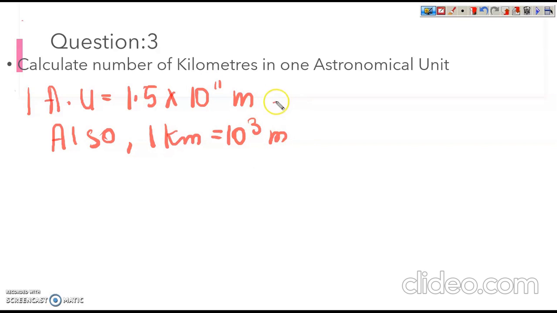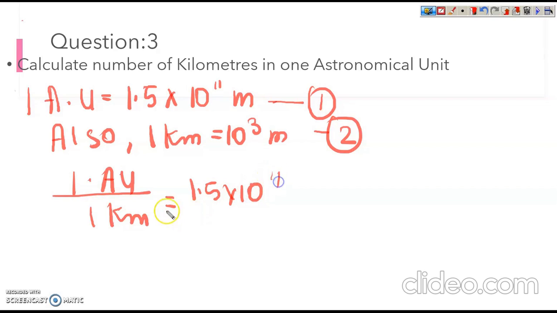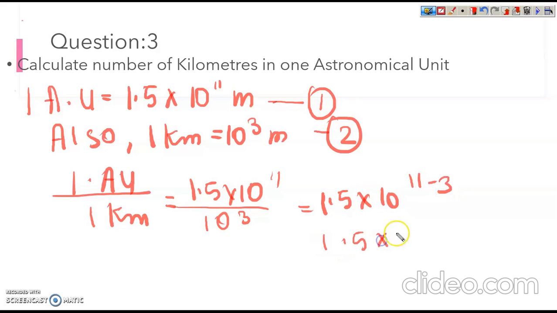We can do this as simultaneous equations. This is one equation, this is the second equation. Now we will divide 1 by 2. So 1 AU divided by 1 kilometer will be 1.5 times 10 to the 11 over 10 cube. So it will be 1.5 times 10 to the power 11 minus 3, 1.5 times 10 to the power 8.